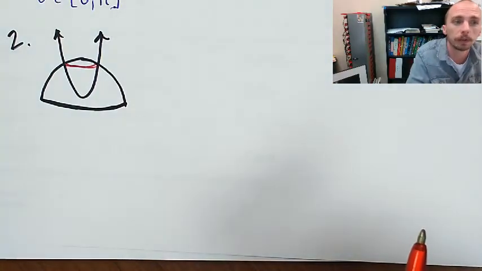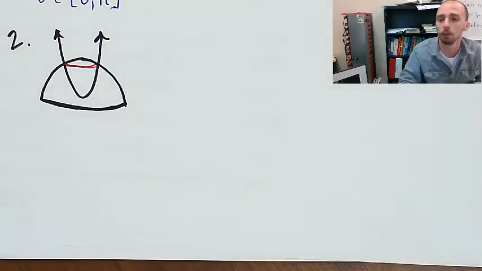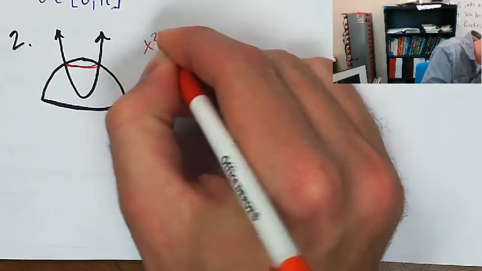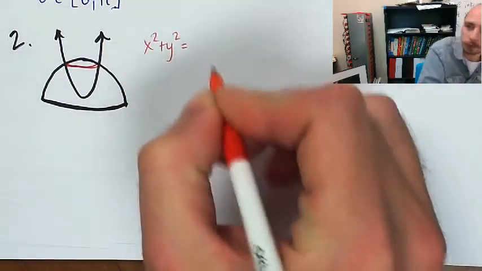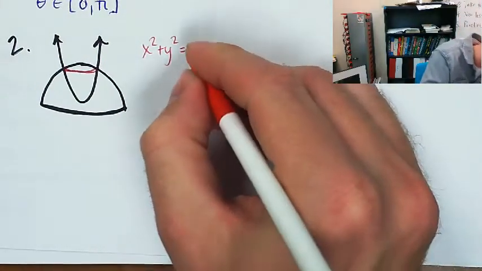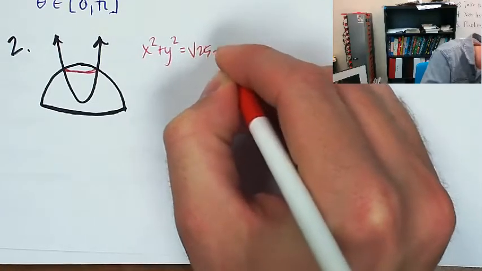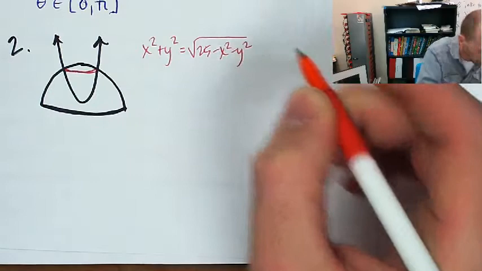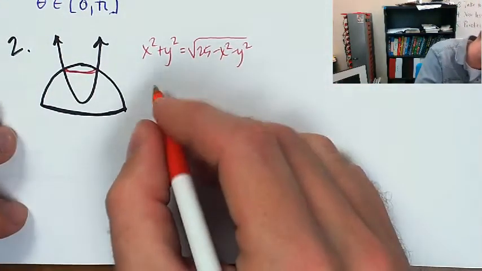If I'm interested in finding those things, I need to set the two equations equal to each other, right? So I'm going to say x squared plus y squared equals the square root of 25 minus x squared minus y squared. Okay, I'm going to square both sides.